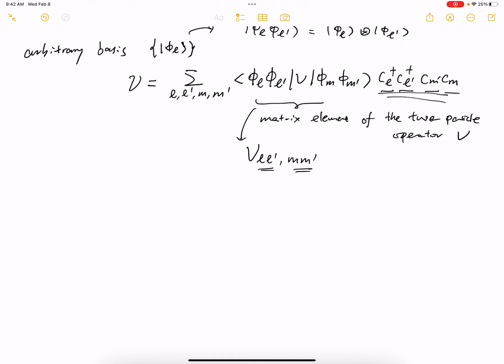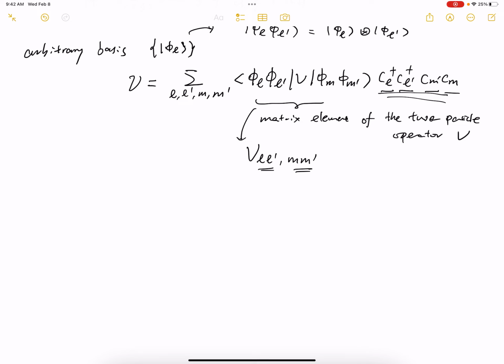What's the difference between L and L prime? They are the basis states for these two particles individually. Because we're talking about the basis state for two particles, and each one of these can be in a different basis state, that's why we have a phi L and a phi L prime. Think about 2 qubits. You have 0 and 1 for the first qubit, and 0 and 1 for the second qubit.